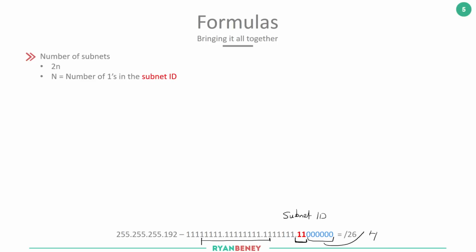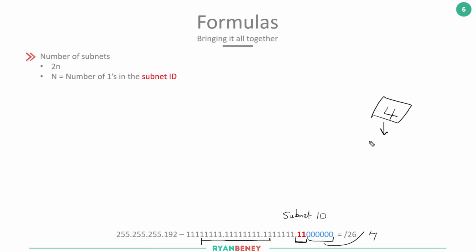To figure out the number of subnets, we need to do 2 to the power of n, where n is the ones in the subnet ID. So in this case, 2 squared is 4. So we have 4 new networks. By turning on these 2 bits, we have 4 new networks.